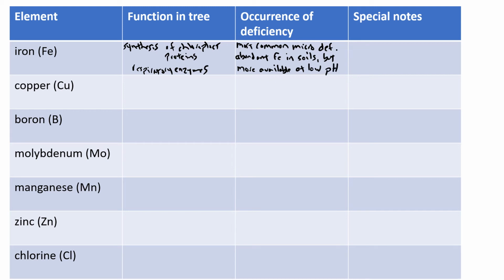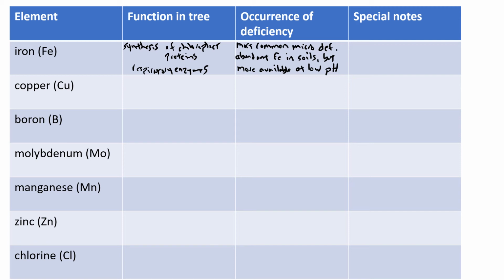So for instance, in Oklahoma, where I grew up, the soils are actually red. They're red because they have so much iron in them. But in those soils, iron deficiency is quite common. And that's because of the pH of those soils. Those soils are derived from prairies, and prairie soils tend to be neutral to a little bit basic.